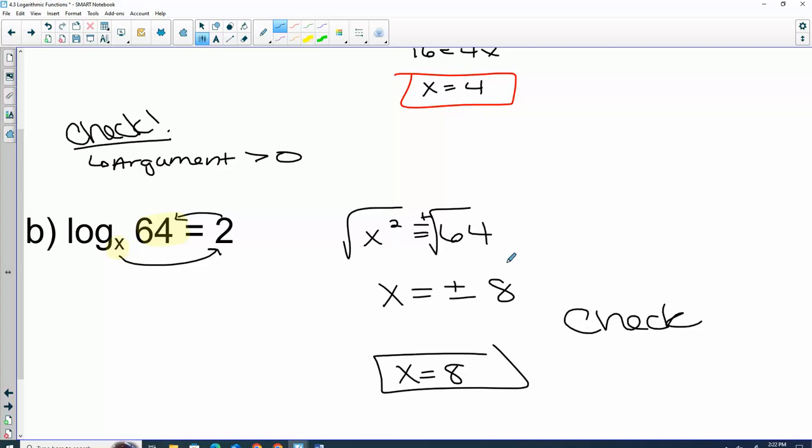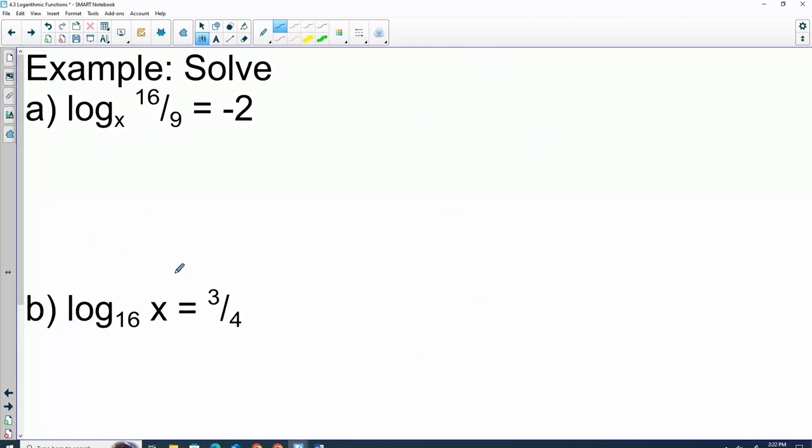Is that okay? Let's look at some more. So log base x of 16 over 9 equals negative 2. So if we change this to exponential, it means x to the negative 2 power equals 16 over 9.